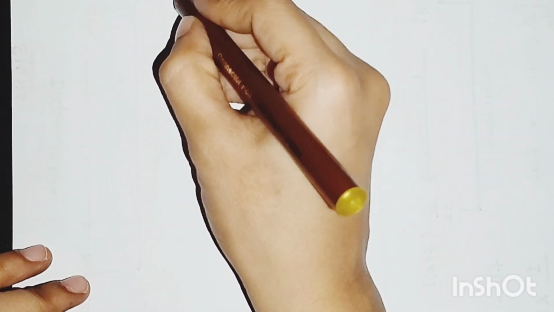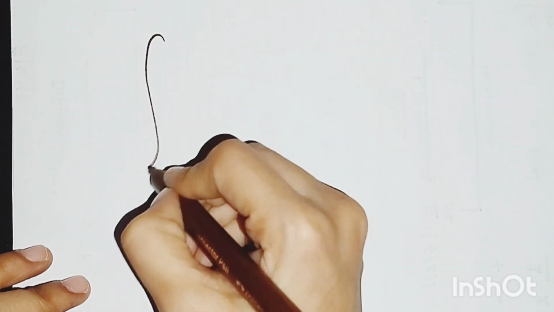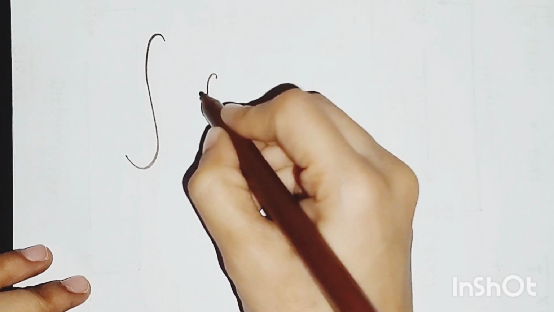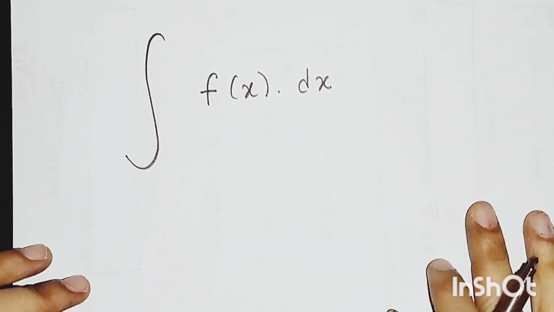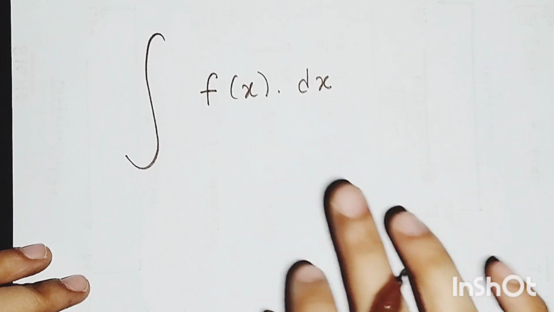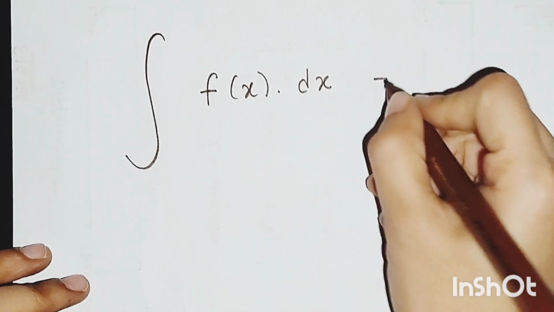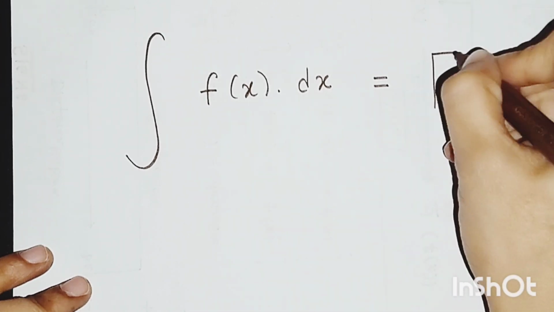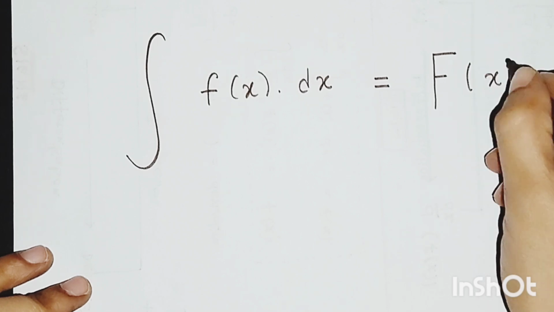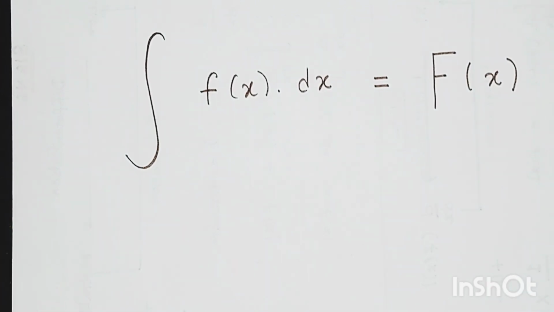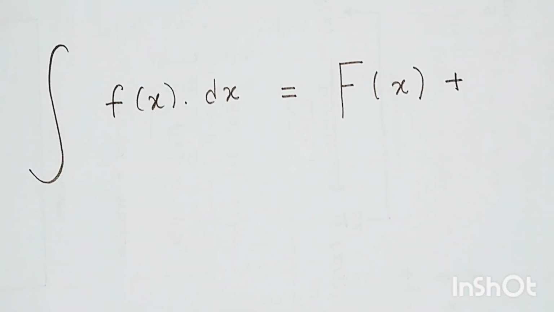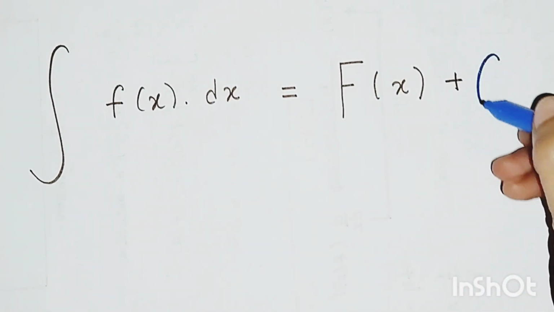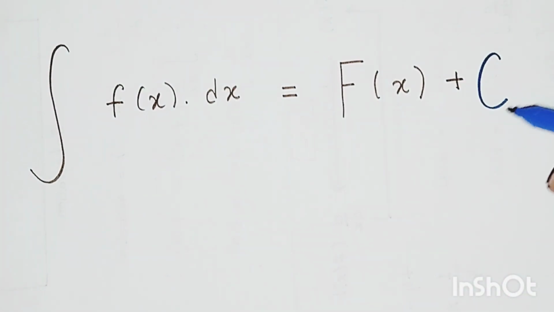So whenever we integrate a function with respect to x, that is what we write as dx, what we get is the original function, and we will always add plus c. We will always add a plus constant at the end.